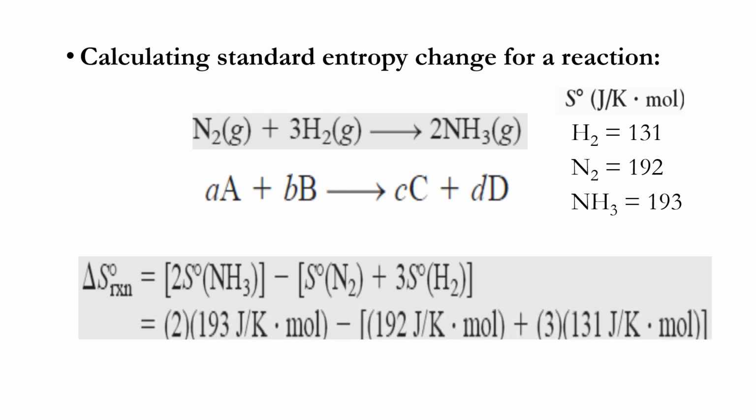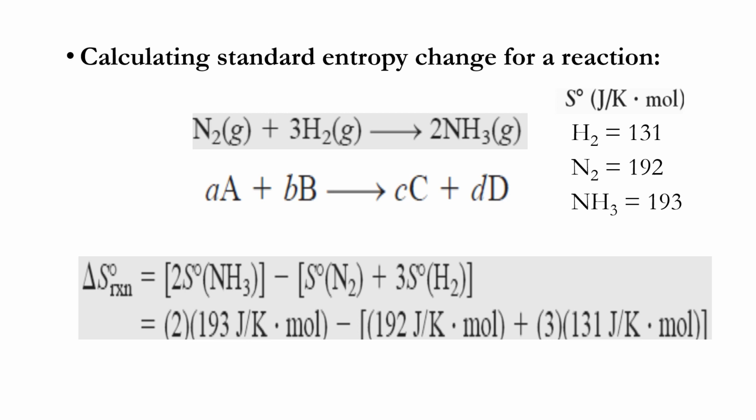Okay, so to solve, 2 is the stoichiometric coefficient of our product ammonia. 193 joule per Kelvin mole is its standard entropy taken from the table, minus the sum of the standard entropies of the reactants nitrogen and hydrogen multiplied by their coefficients.